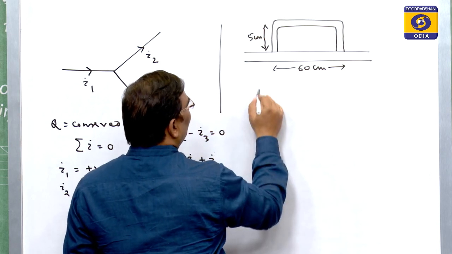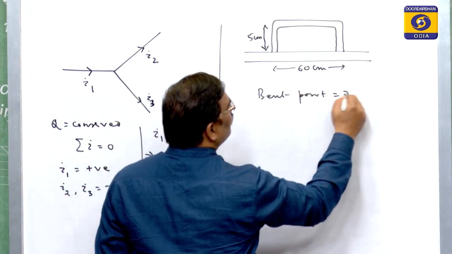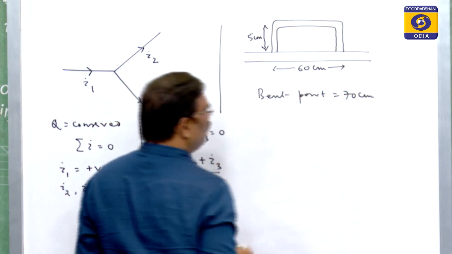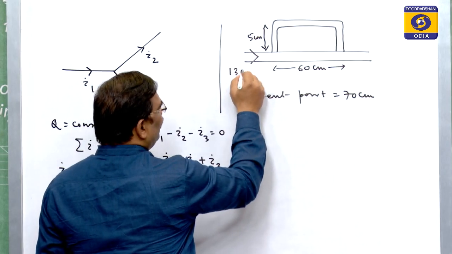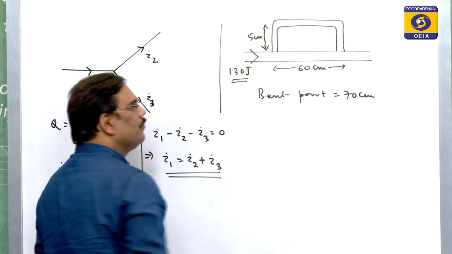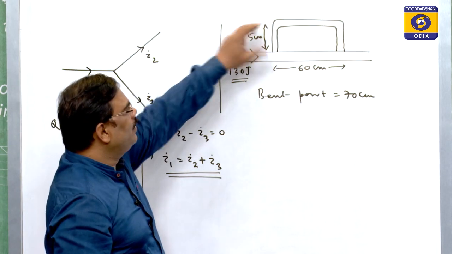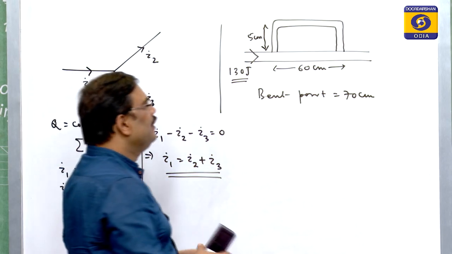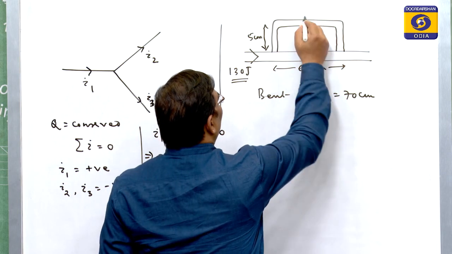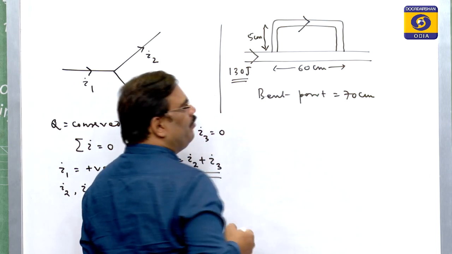So, obviously, the bent part is 70 centimeter long. If 130 joule of energy is entering this network from the left, then calculate what is the amount of energy flowing through the bent part.